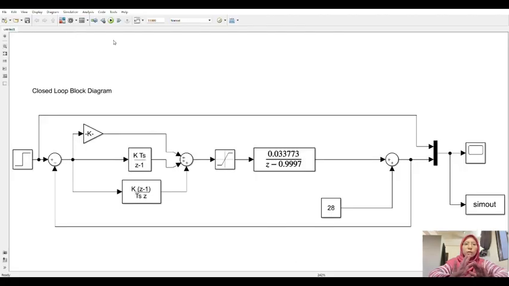So this is the MATLAB simulation, where we have the step function. In the step function we put the parameters: the step time is 1, the initial value is 0, the final value is 16, and the sample time is 1.